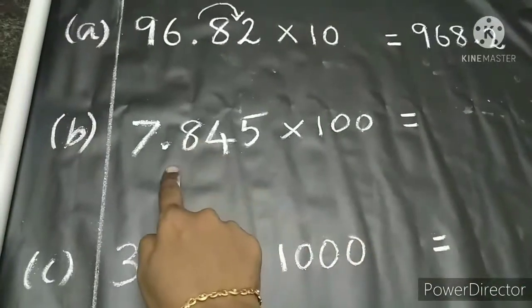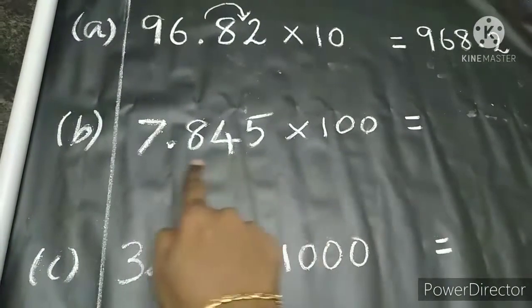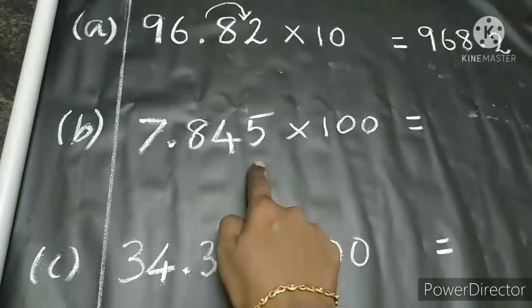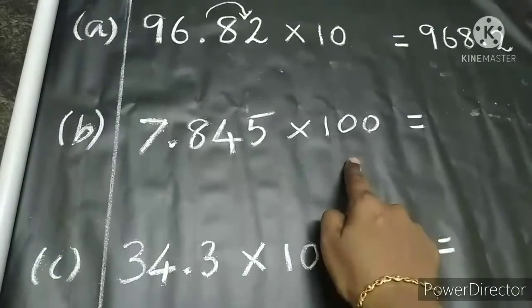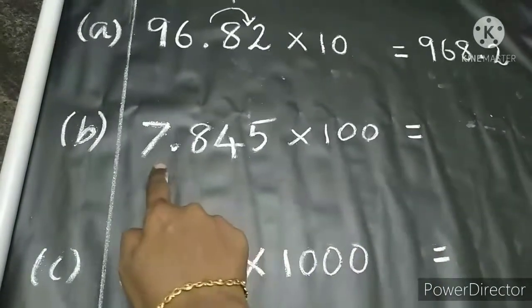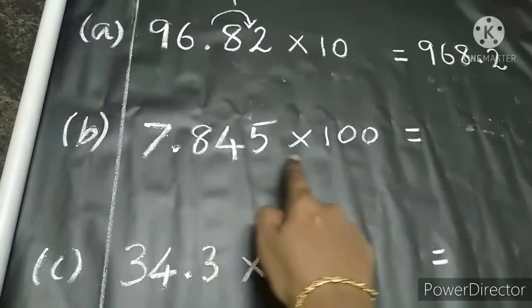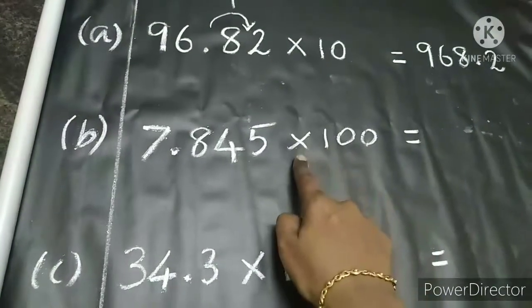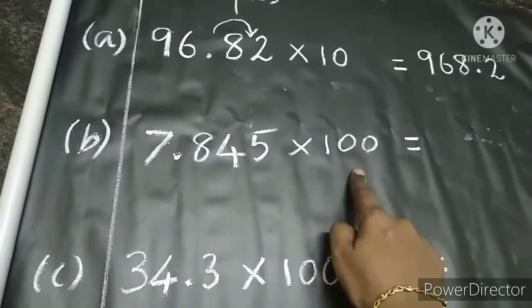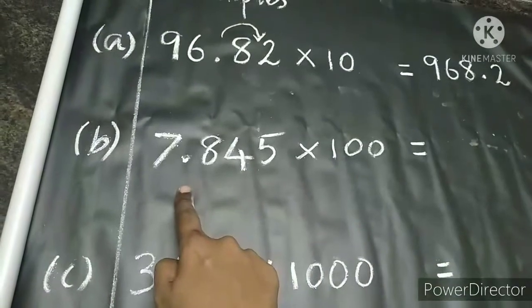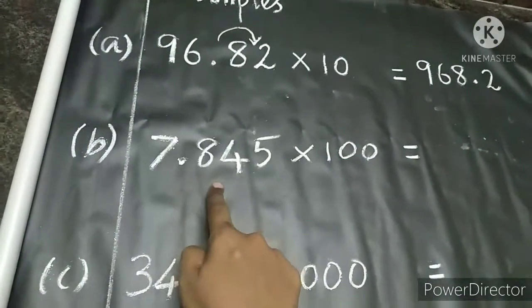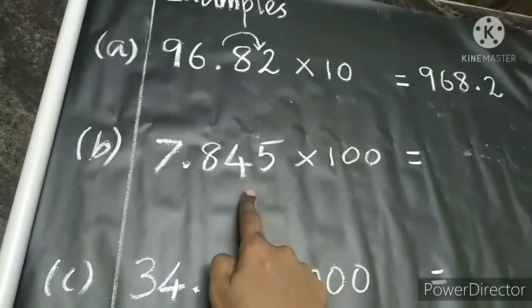Look at the second problem. Let's read the second problem. 7.845 into 100. So we have to multiply 7.845 by 100. Here the 100 has two zeros. So the decimal point moves two places to the right side.